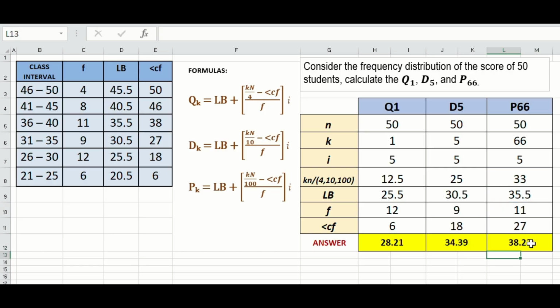So this is the result. This result is the same as when we do the manual calculation.